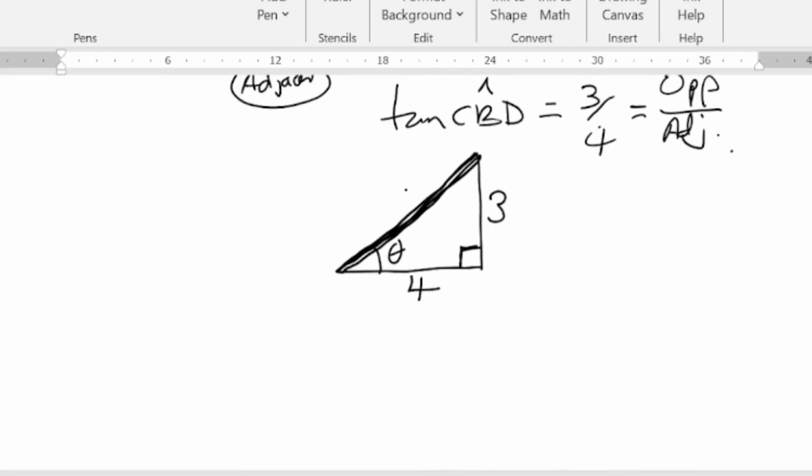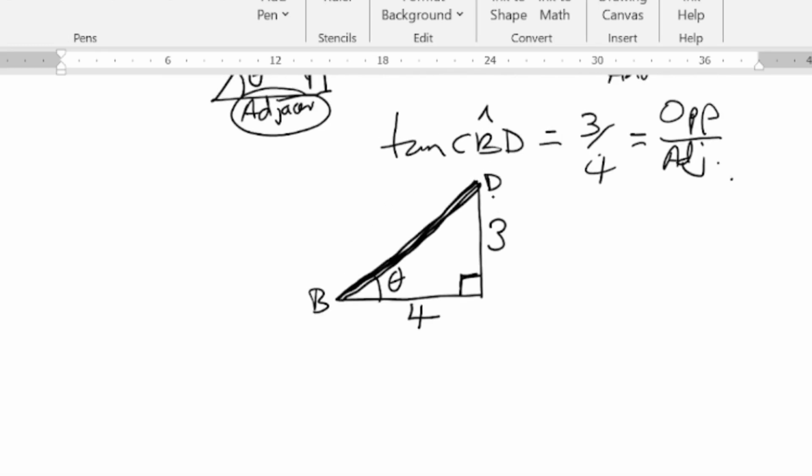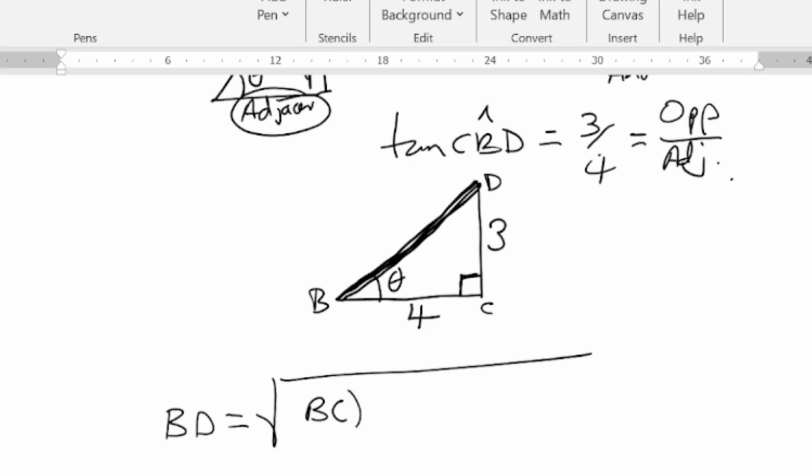This is B, D, and this is C. So BD is equal to the square root of BC squared plus CD squared.